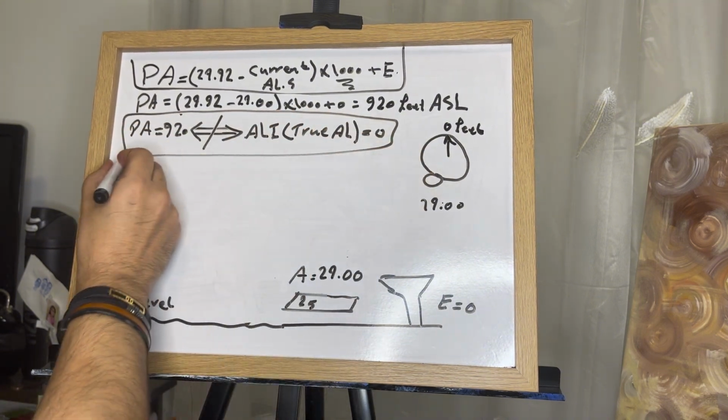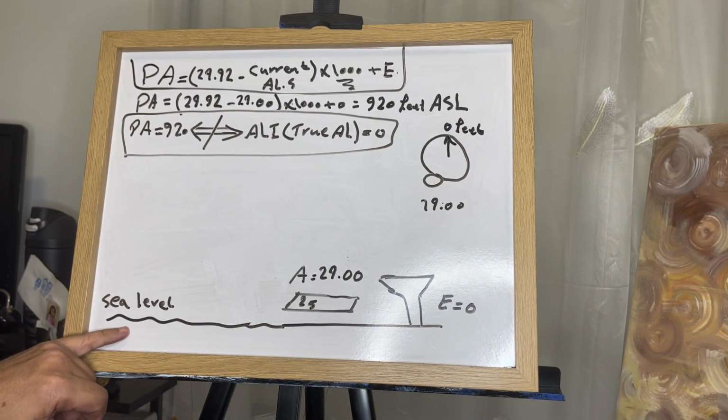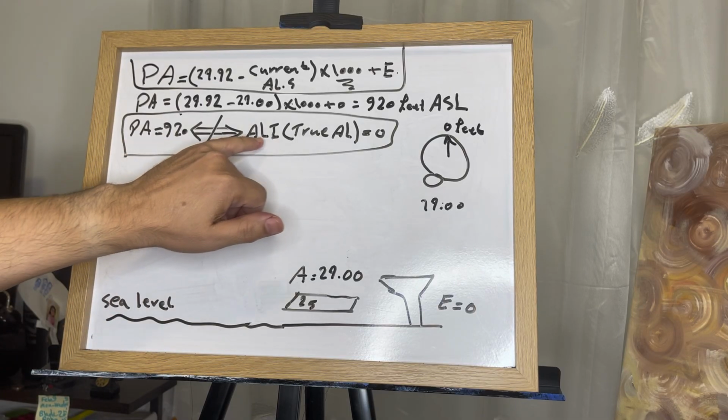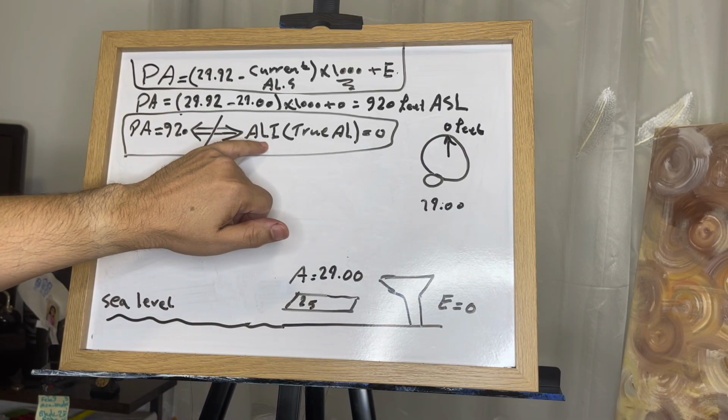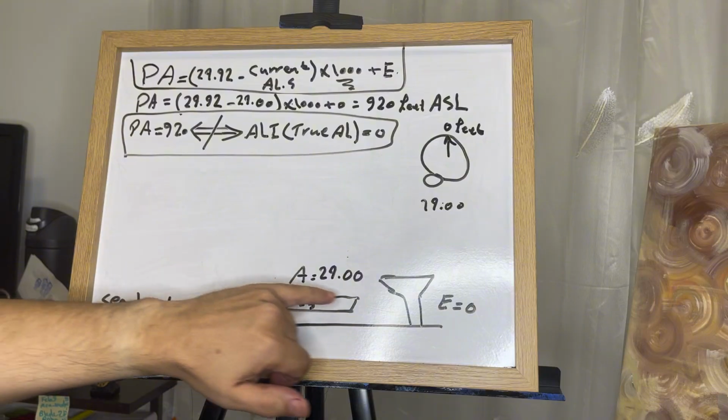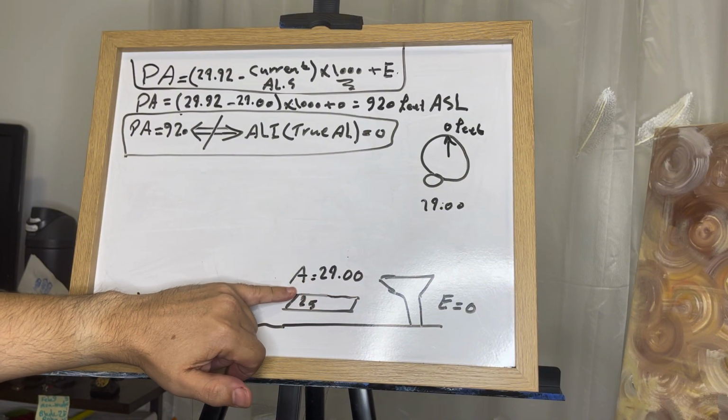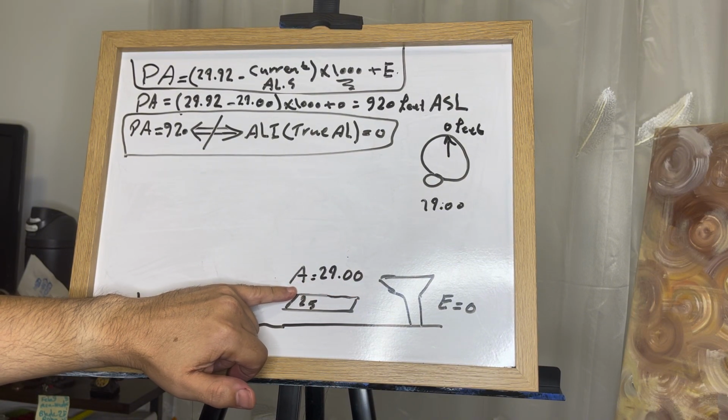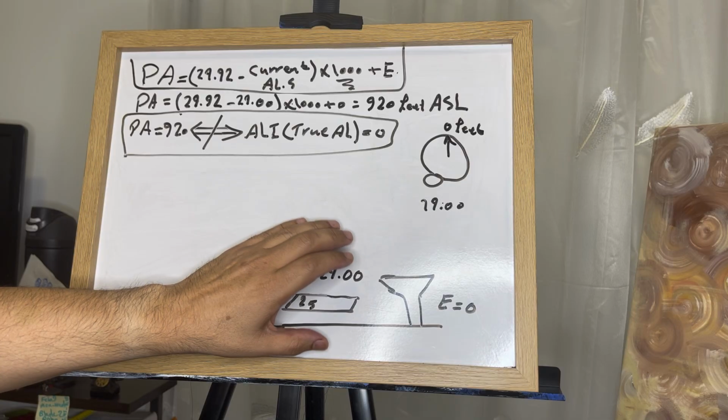At this station, even though we are at sea level, pressure altitude is not equal to the altimeter indicator because the local pressure is 29.00. So we are not at standard atmospheric pressure.